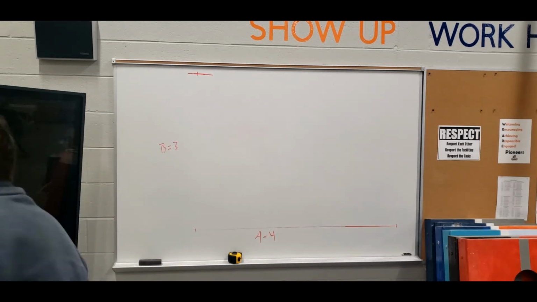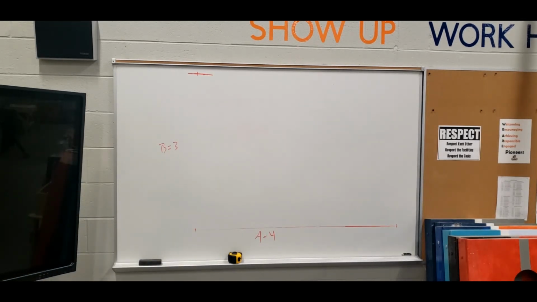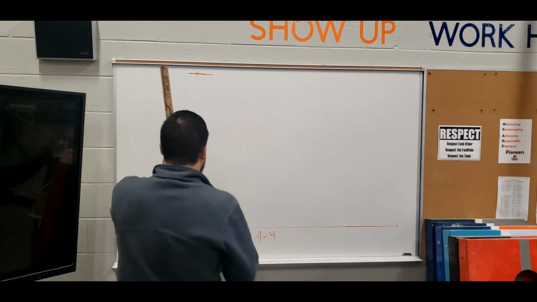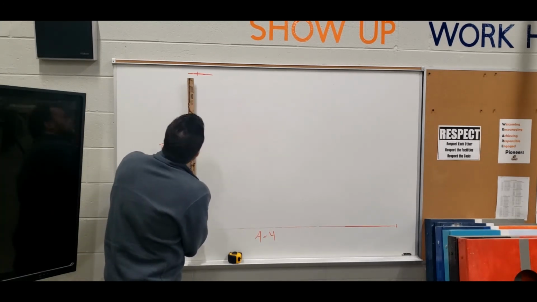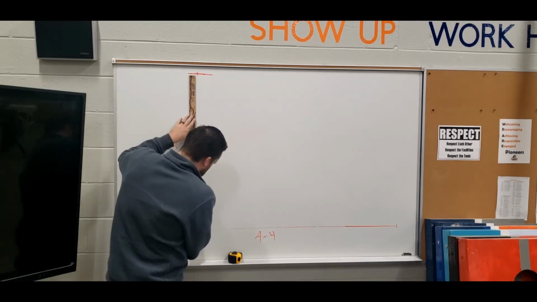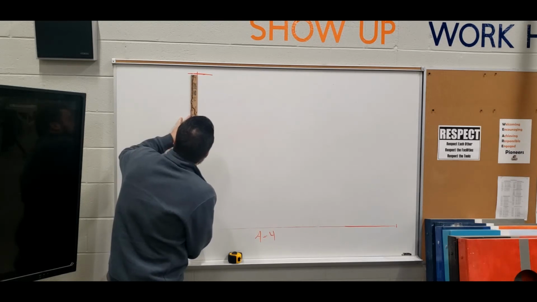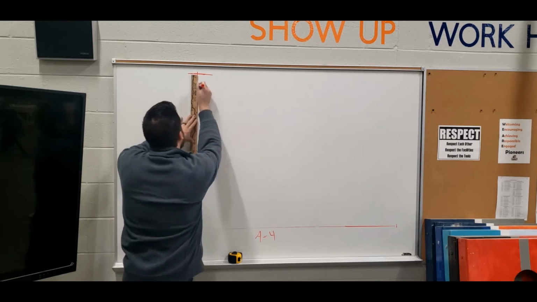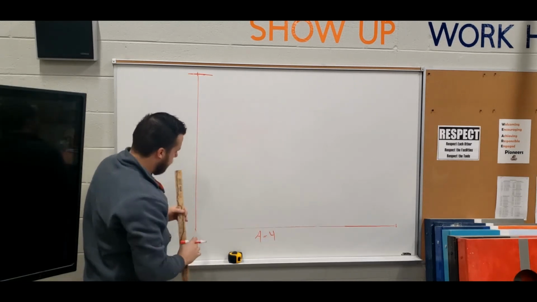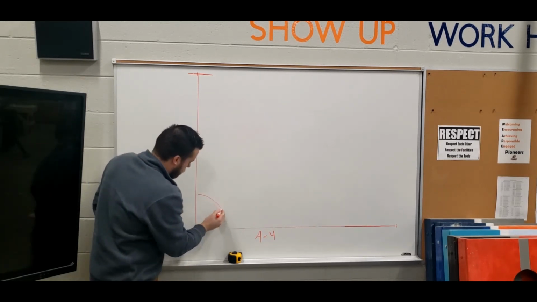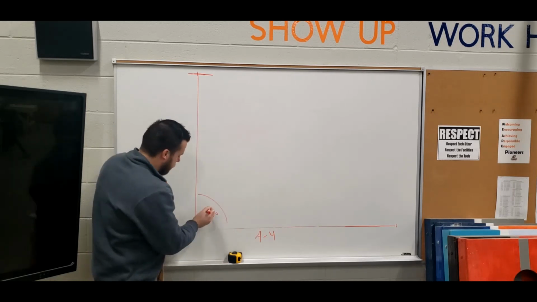So all you have to do, let me get a straight edge. Now all you have to do is connect those 2 dots, and you know this is a perfect 90 degree.